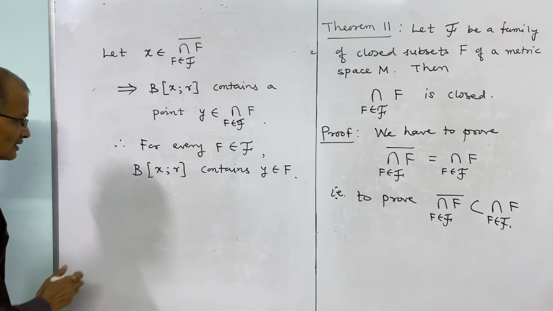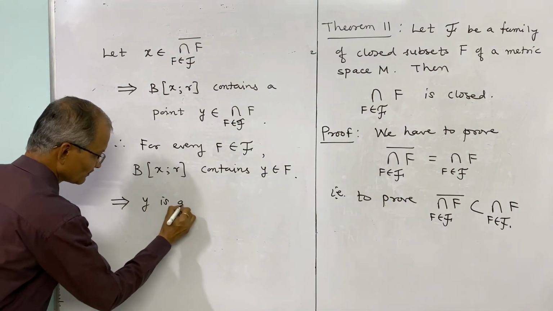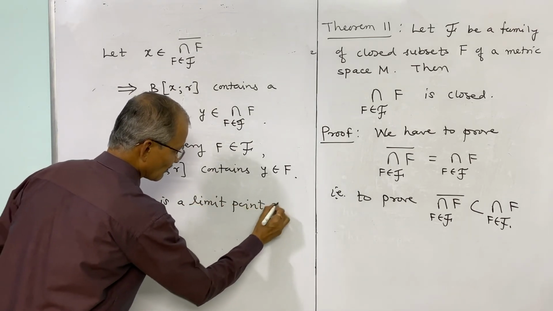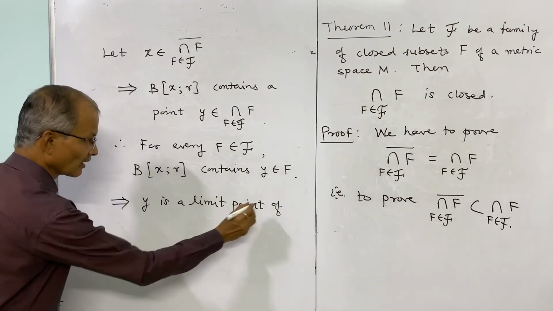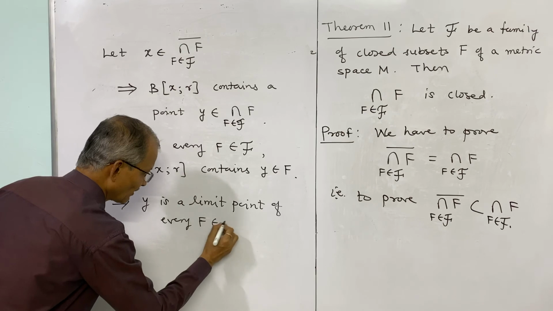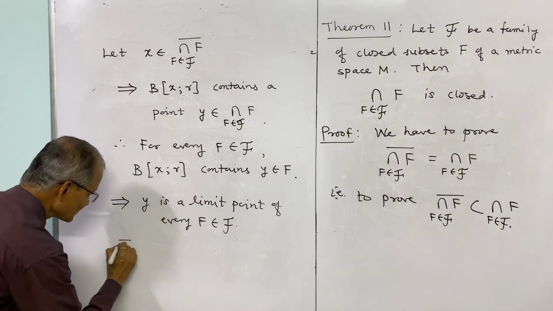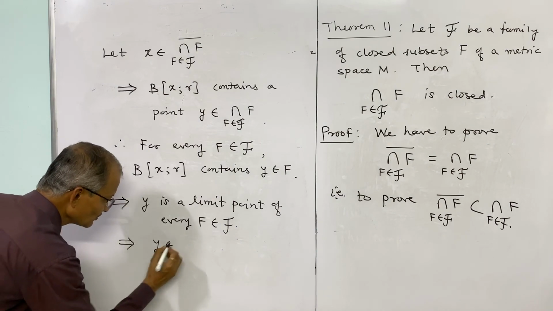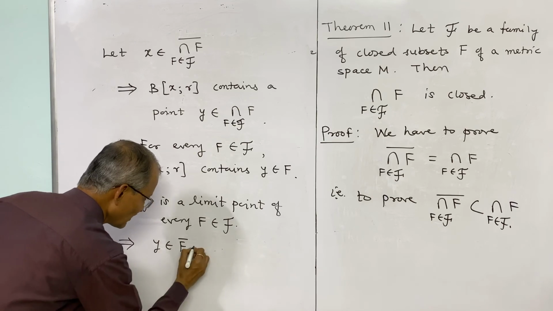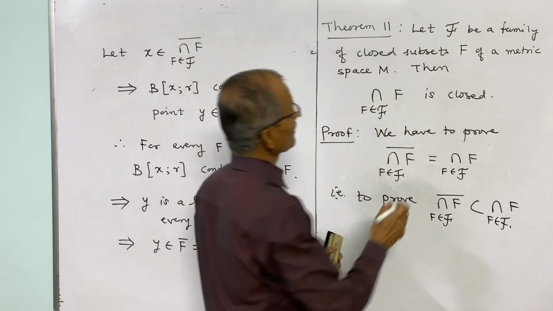So what this shows, for every F in this family, this open ball contains Y belonging to F. This implies Y is a limit point of every F belonging to the family. That means Y belongs to F bar, and F bar is equal to F because F is a closed subset.